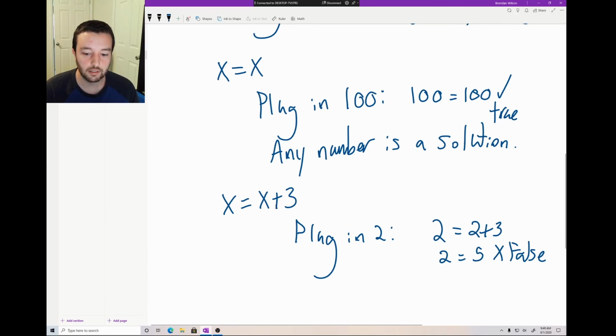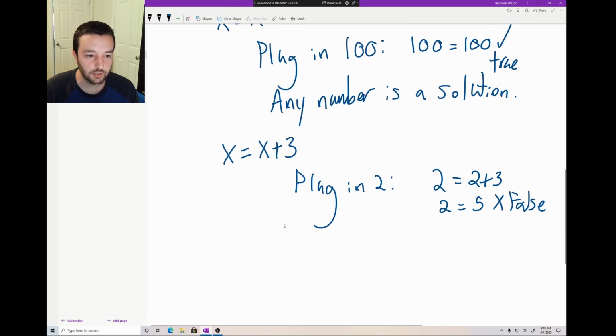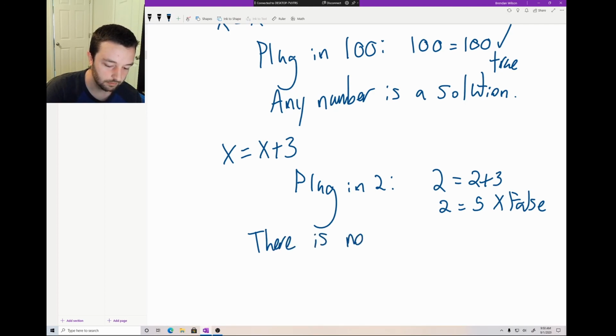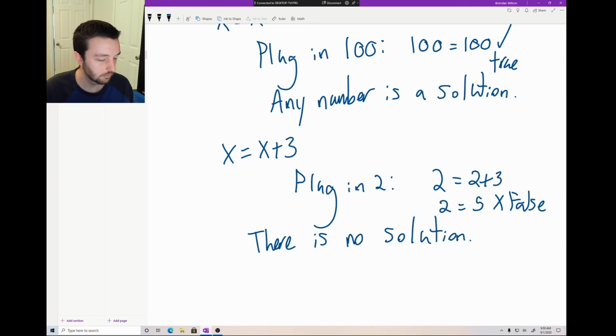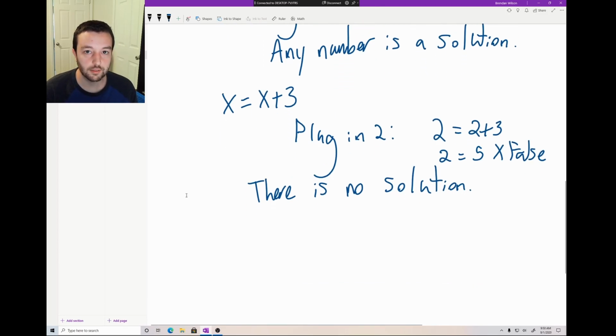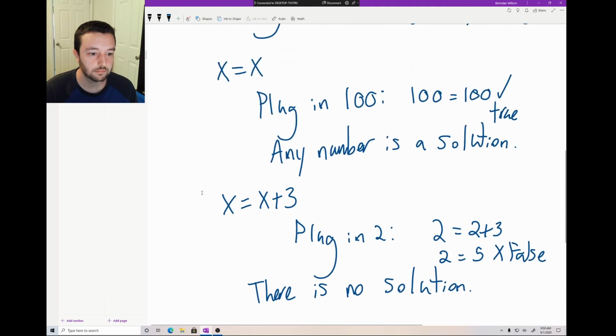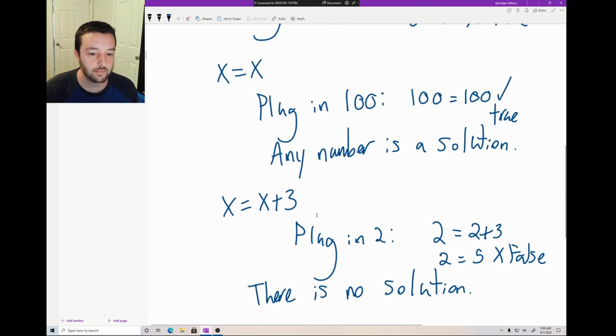There's no number where if we add 3 to it, it doesn't change it. So there's really nothing for us to do here. There's just no number that's going to work. So there is no solution.